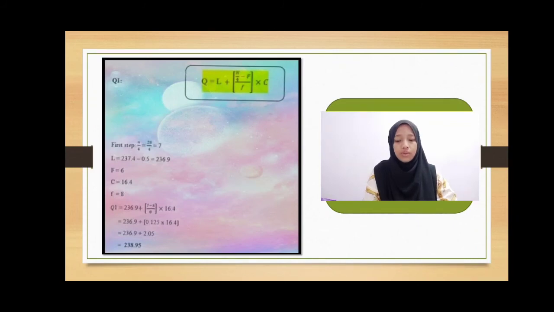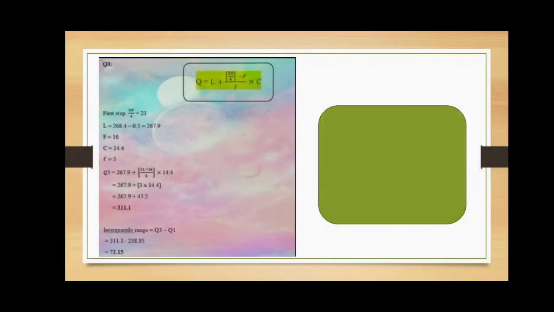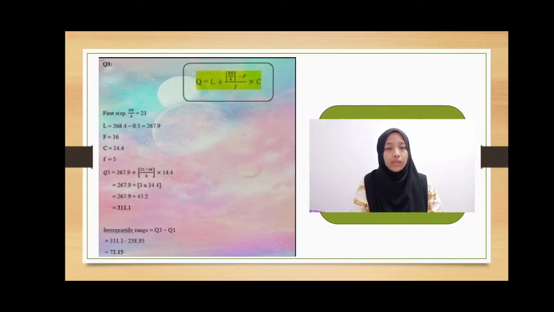So 236.9 plus 2.05. We calculate and the value is 238.95.